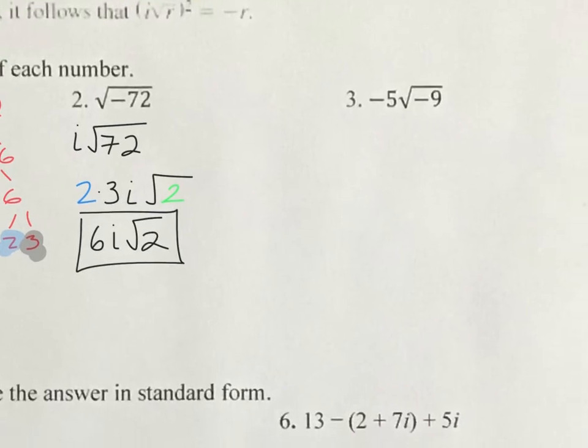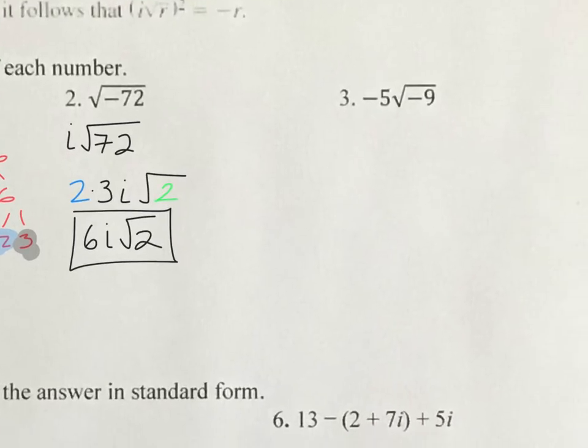Now let's take a look at number 3. Here we have the negative 5 times the square root of negative 9. What we're going to do first and foremost is address the negative on the inside. That's going to come out as an i next to the 5. Now we have the square root of 9 itself, which is going to be 3.